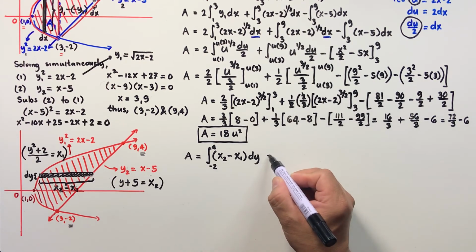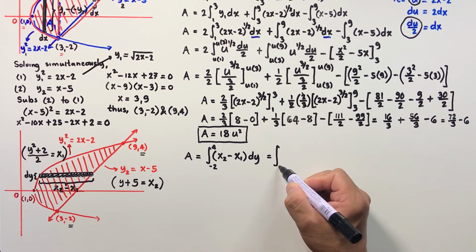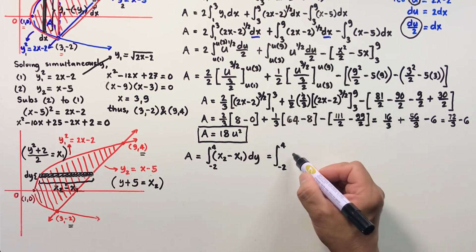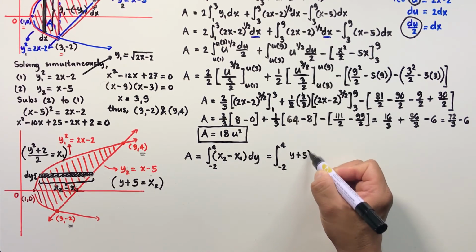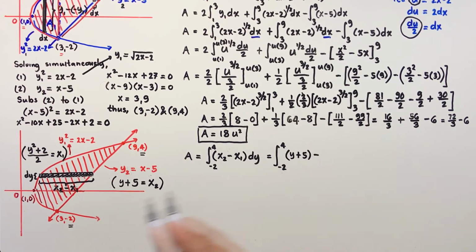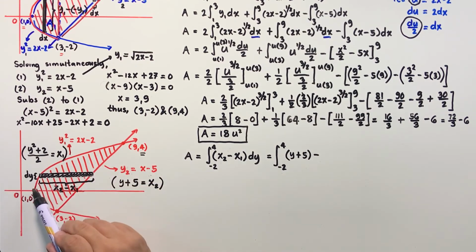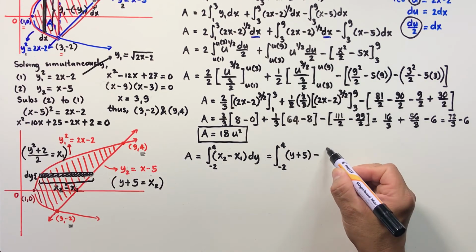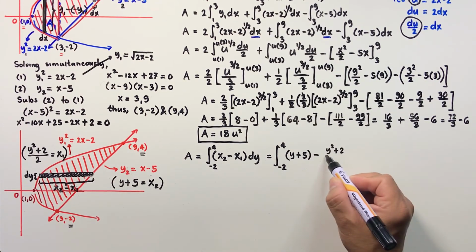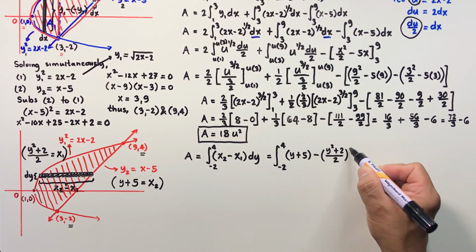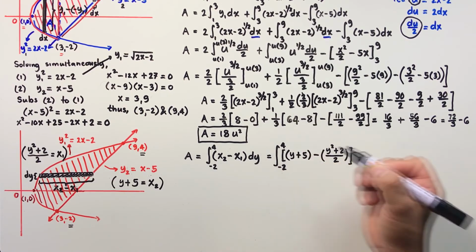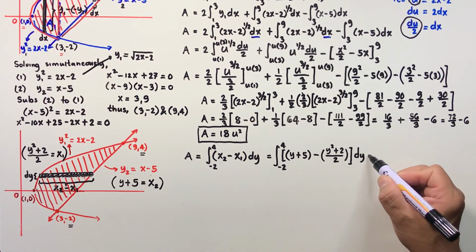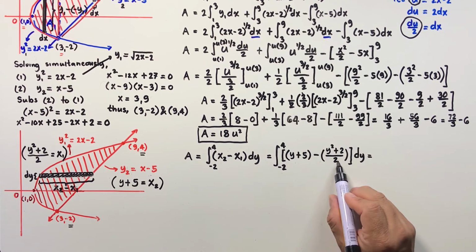That's why our limits of integration is from -2 to 4. And substituting our function, we have the integral of -2 to 4 of our x sub 2, which is y plus 5, minus our x sub 1, the x function of this curve, which is this one here. So this is minus (y squared plus 2) over 2. And this will be integrated with respect to y. And at this time, we need to separate these two terms here.